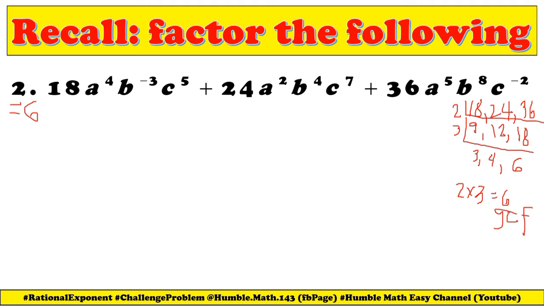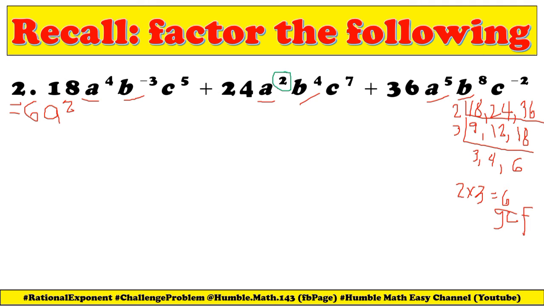Now for A, we have here a to the 4, a squared, a to the 5. Therefore, the lowest value of the exponent of A is 2, so we remove first for our first factor the a squared, since that is our GCF for the variable A. And for the B, we have b to the negative 3, b to the 4, and b to the 8.